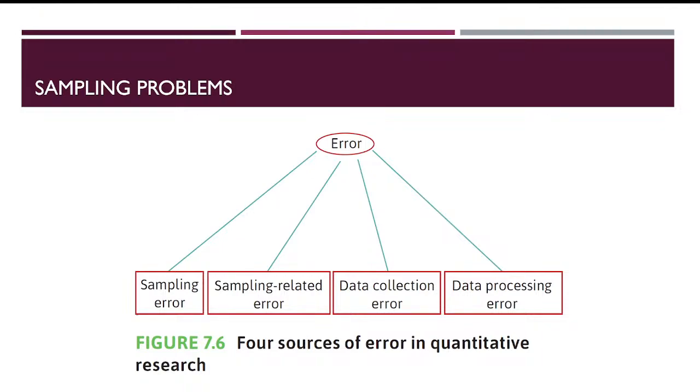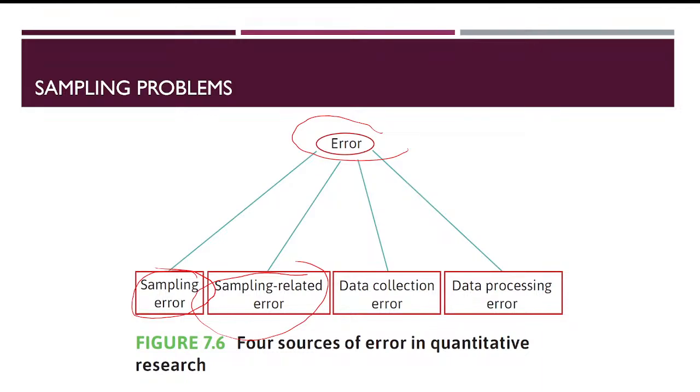So, causes of error or sampling problems. We talked about sampling and sampling related errors, right? Errors that you can have: you choose an incorrect sample frame, or for whatever reason you end up grabbing a non-probability sample and there's a lot of bias or error in it.